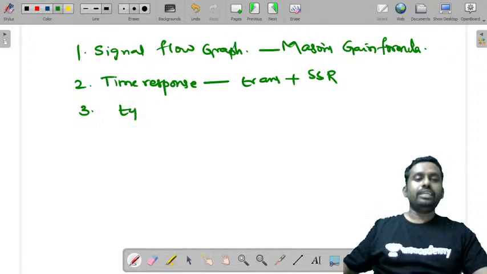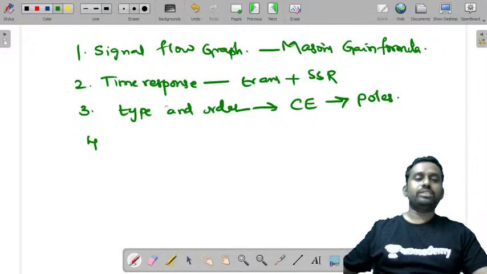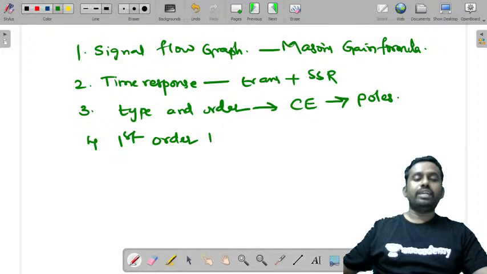And then we have seen what is the type and order of the system, and in that we have also seen what is characteristic equation and what are the roots of the characteristic equation called as poles. Then we have seen what is first order response of a system.